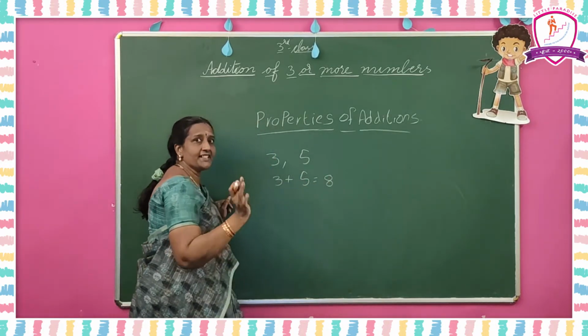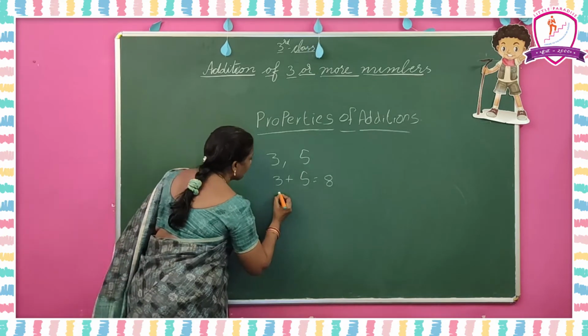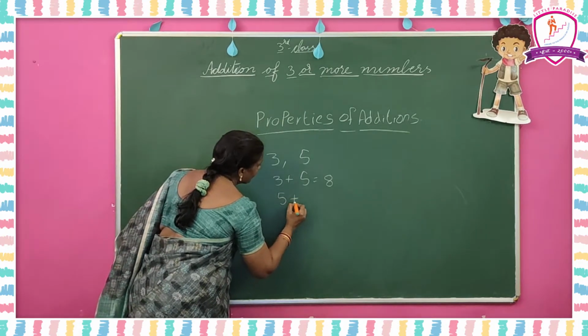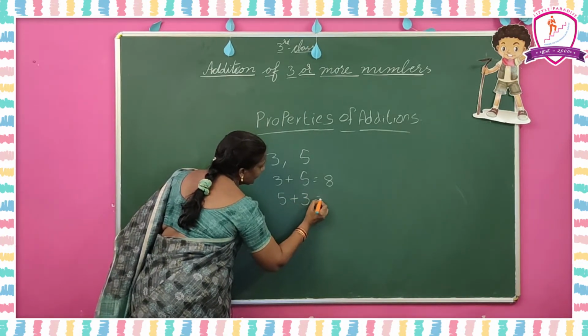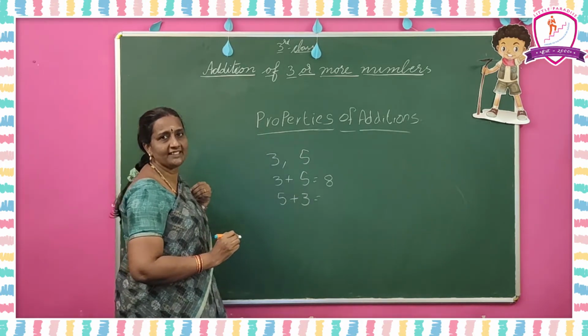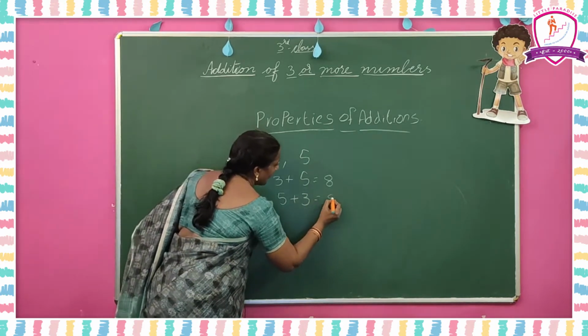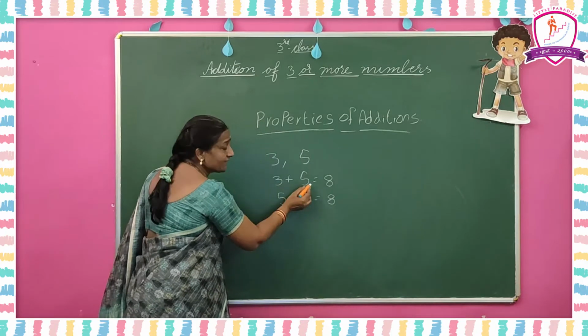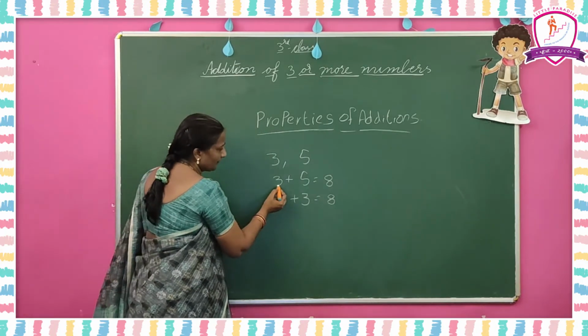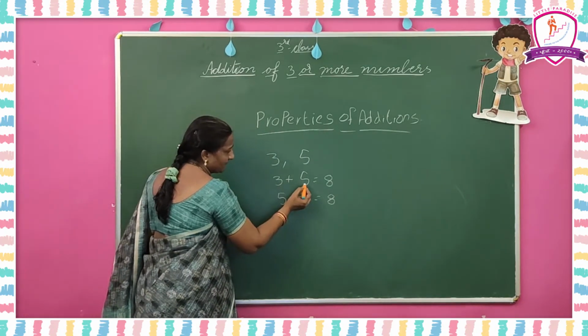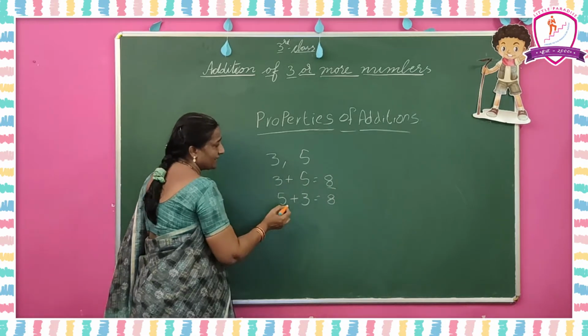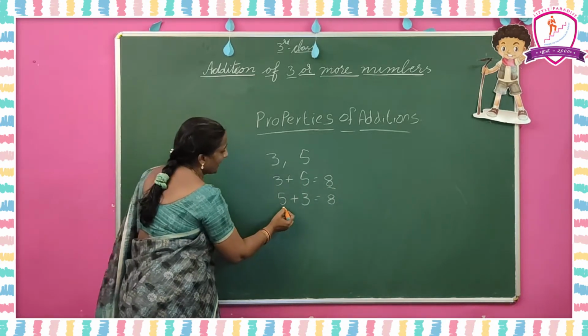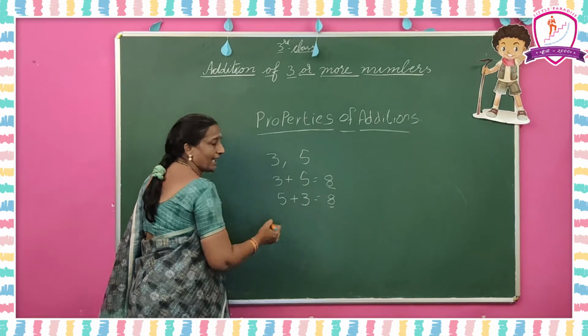And if we change this order, that means 5 plus 3 is also, what is the answer? 5 plus 3 is also 8. Here in the first we write 3 plus 5, the answer is 8. We change the order and write 5 plus 3. That is also 8.